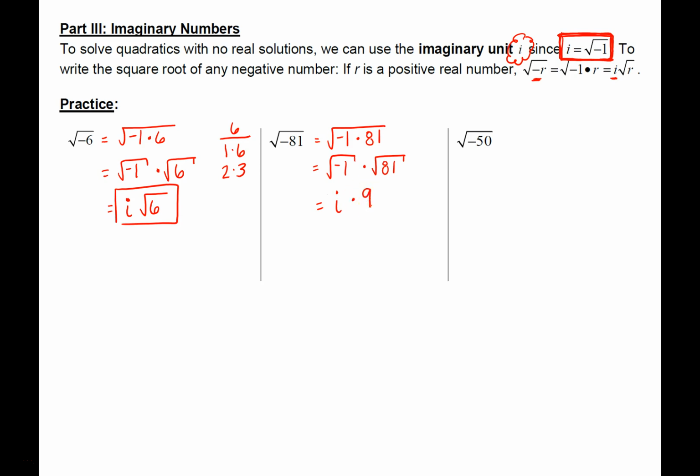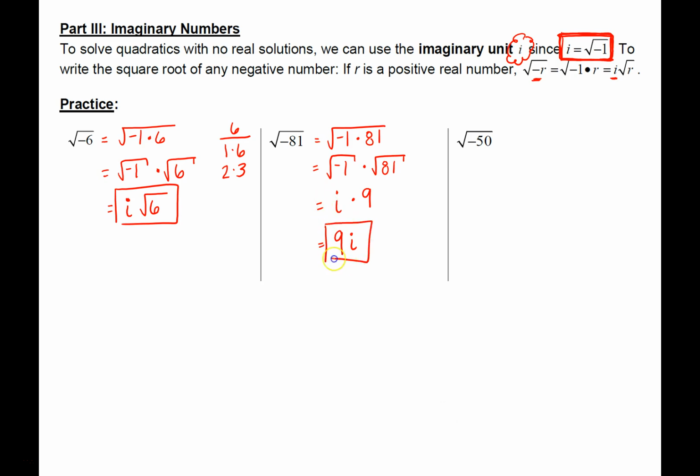Now we are going to write these in order like i is a variable. So if you have a number like 9, a whole number, you're going to write the 9 and then the i, the same way we would write 9x instead of x9.